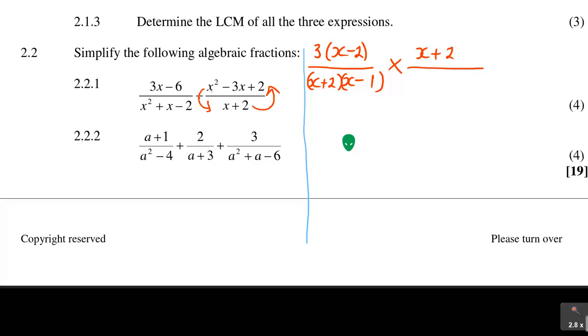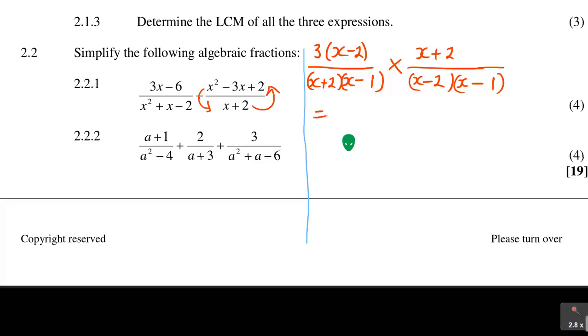Now factorizing x squared minus 3x plus 2, I do this again. I've got my x, and I'm using the product sum method. So now I'm going to have a negative 2 and a negative 1, because negative 2 and negative 1 multiplying will give me positive 2, and minus 2 minus 1 is minus 3x.